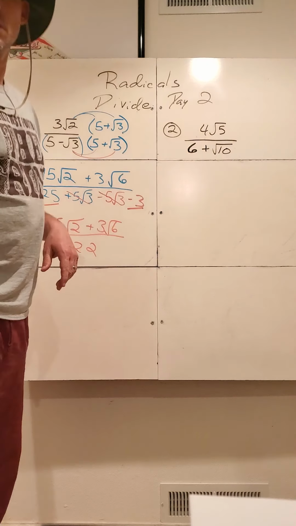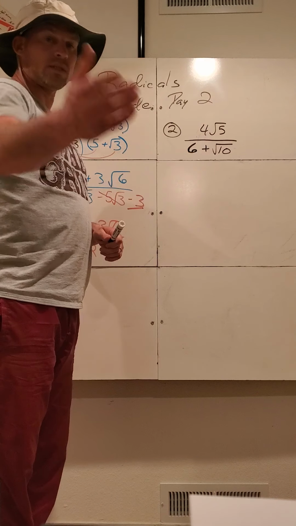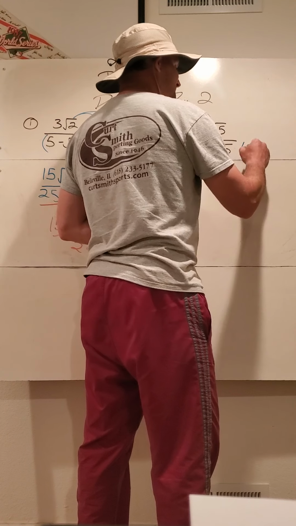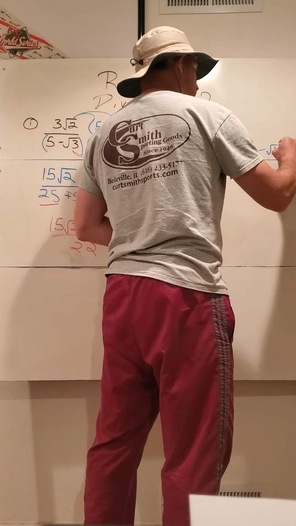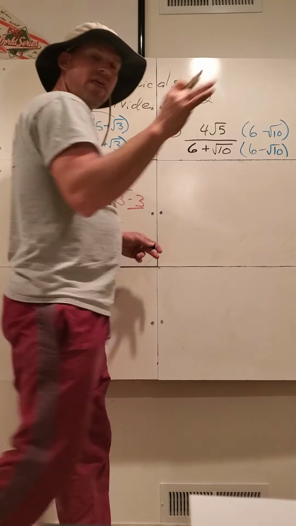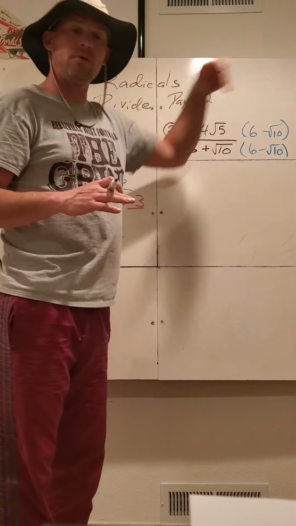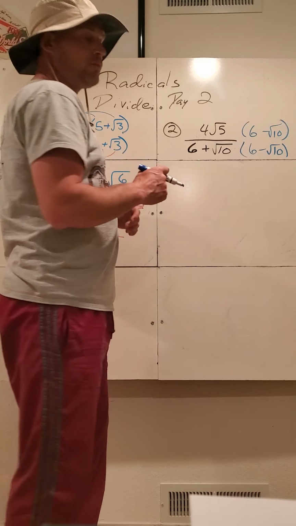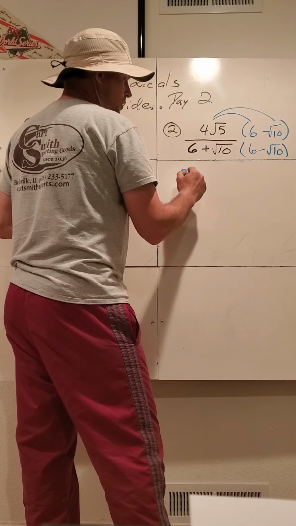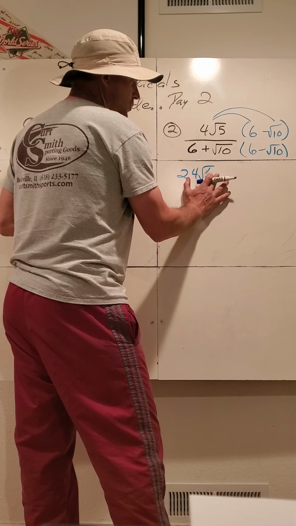Number 6. Figure out the conjugate. Look in that denominator. What's it going to be? Very good. 6 minus the square root of 10. That's my conjugate. That's what I multiply the top and the bottom by. The top is a lovely distribution problem. Whole number times whole number gives me 24 root 5.